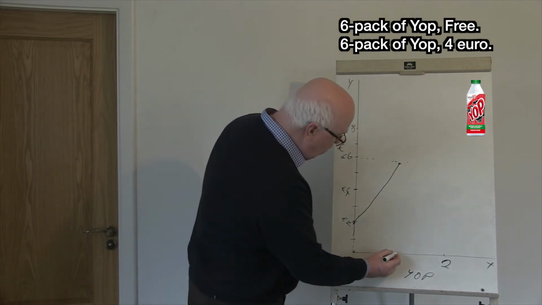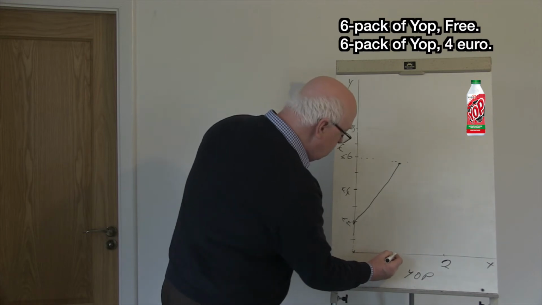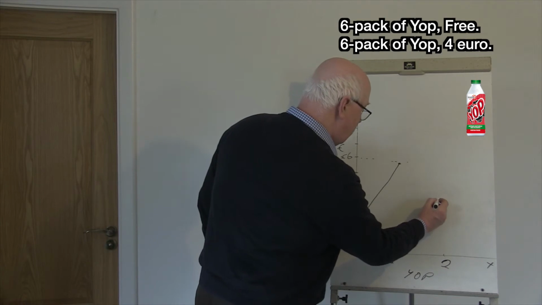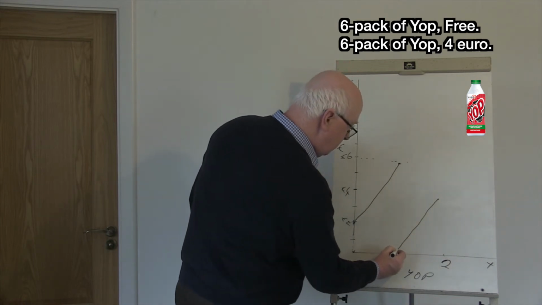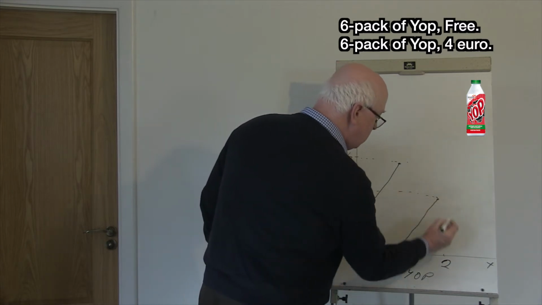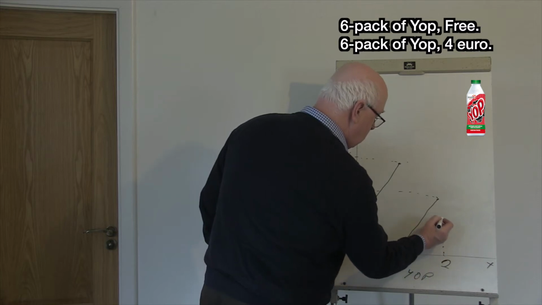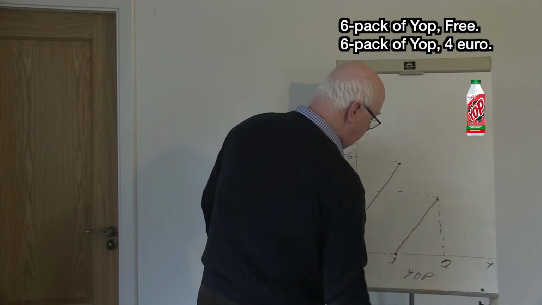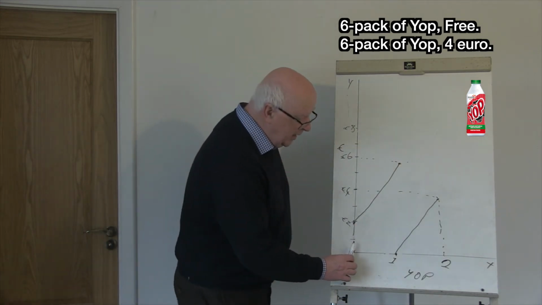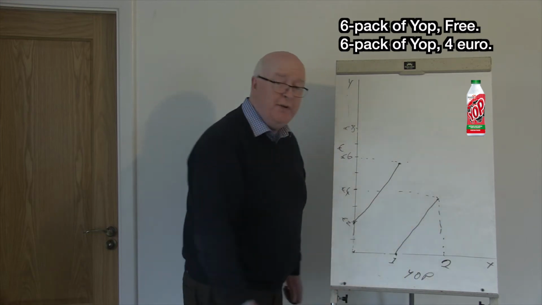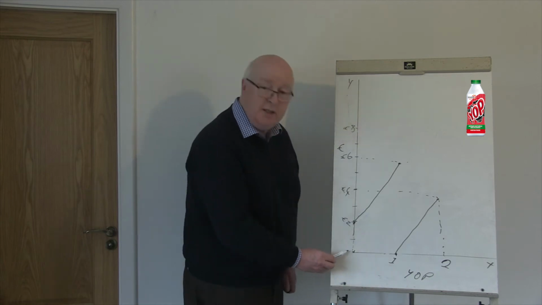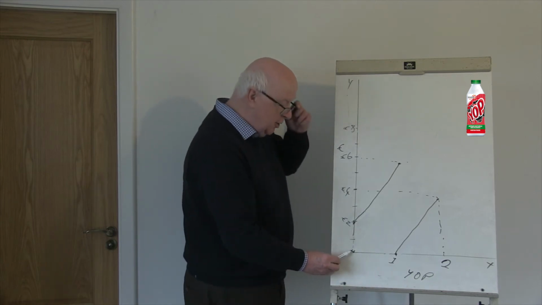Then we go up here as far as 2 and over as far as there, and that's roughly across there from 2. So that's an example where we get one free Yop and then we have to pay for the second one. And again, it's proportional, but it's not directly proportional because it's not starting at the origin, at 0, 0.